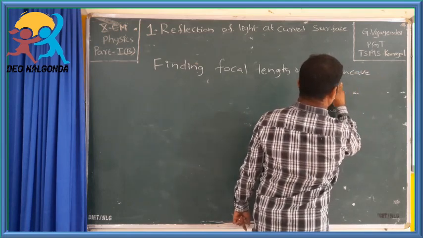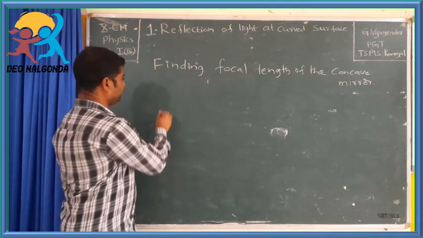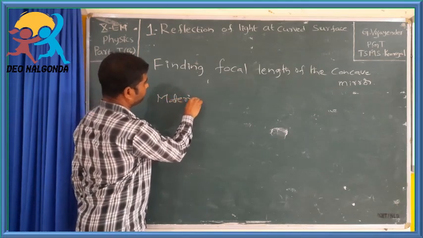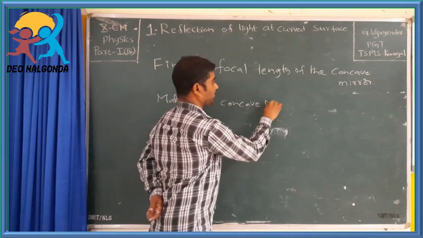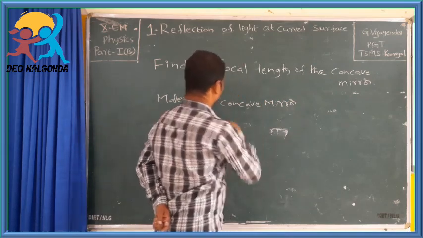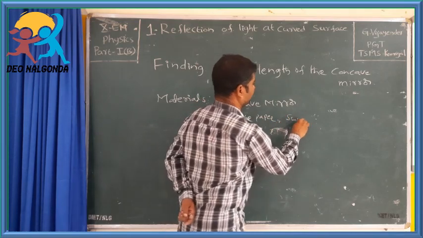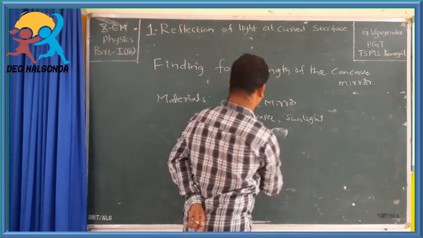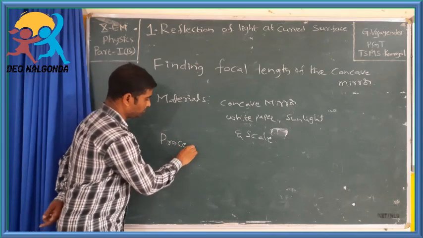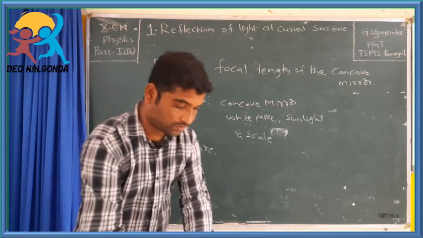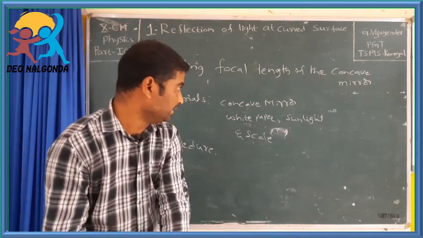The materials required to find the focal length of a concave mirror are concave mirror, white paper, sunlight, and scale.